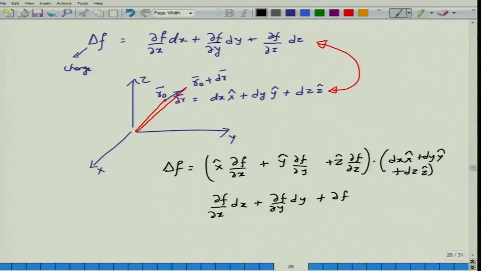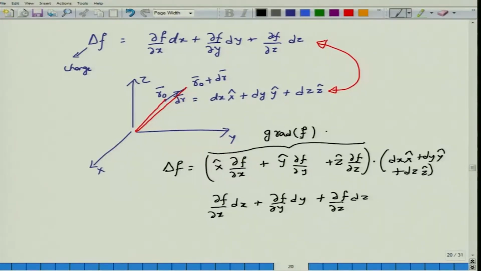So what I obtain is the same expression, but what I have done is to define a vector, and I call this vector the gradient of the scalar field f.